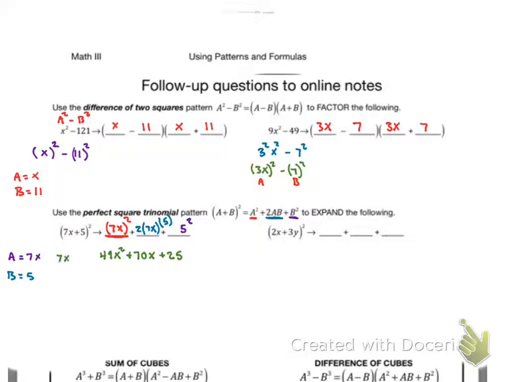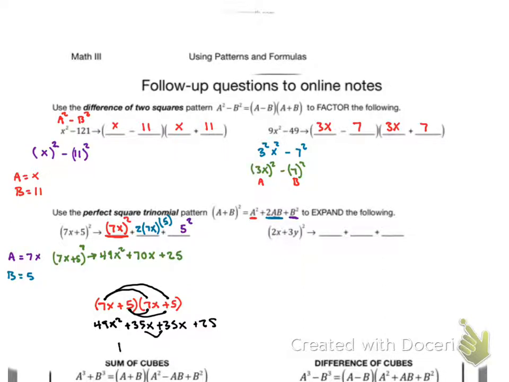Right? So if we take 7x plus 5 and we square it, it should expand to 49x squared plus 70x plus 25. And again, if you want to check your work, 7x plus 5 times 7x plus 5, and I'm going to work this out really quick. 7x times 7x is 49x squared. 7x times 5, 35x. 5 times 7x, 35x. 5 times 5, 25.